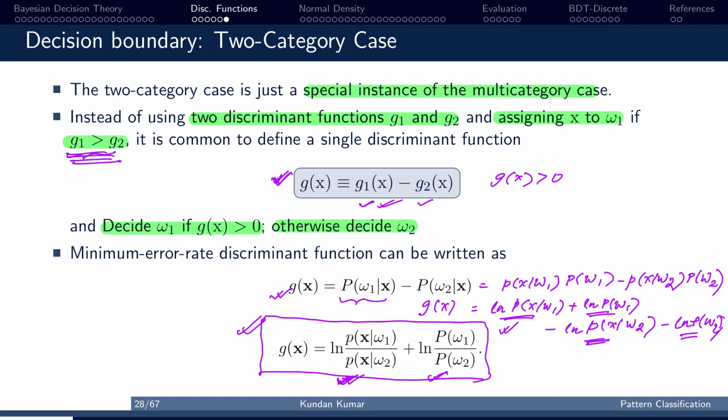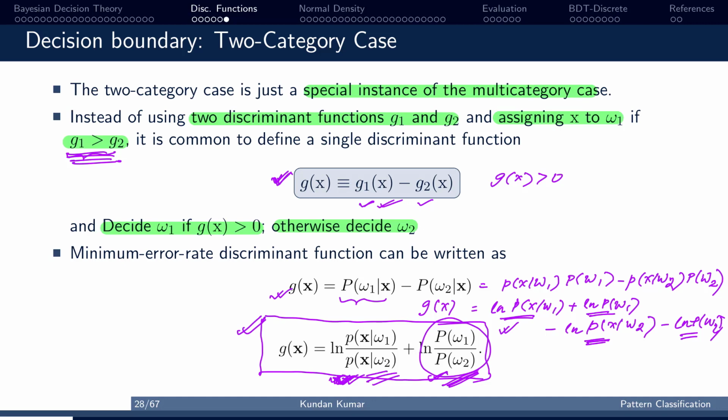Let us consider a case where the prior probabilities of these two classes are the same. Then the prior term will vanish, it will be 0. Then we have this term, which is nothing but the logarithm of the likelihood ratio.